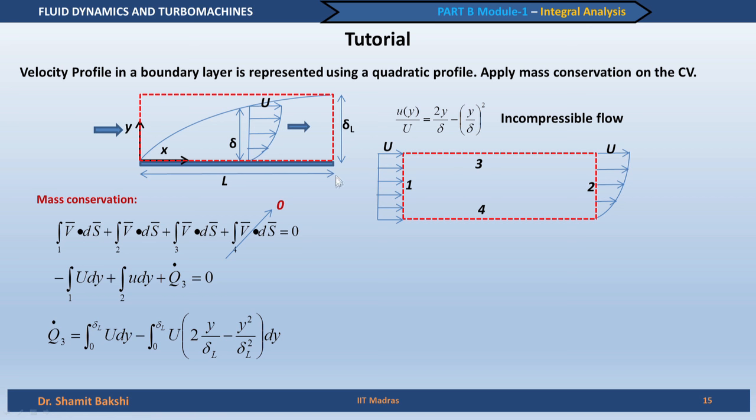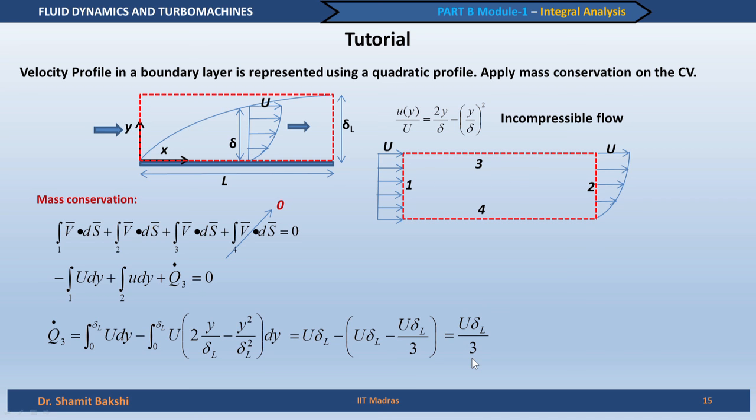So, we integrate between 0 to delta L of u dy. So, let us integrate these two functions, and then let us see. So, this will be directly capital U into delta L, and this one comes out as minus U delta L by 3. So, this is basically the final expression. So, finally, we get this as U delta L by 3.